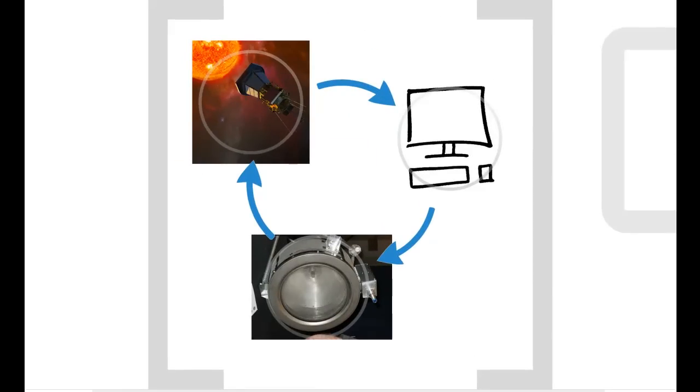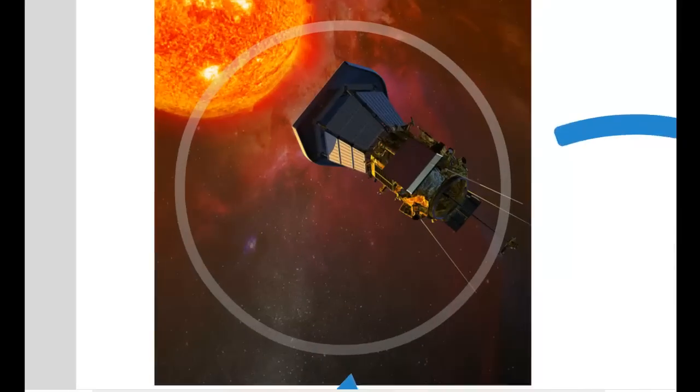As a nice little example here, since this is aerospace, we could do something a little more concrete. I've got this spacecraft flying around the sun, doing something out there in space, right?